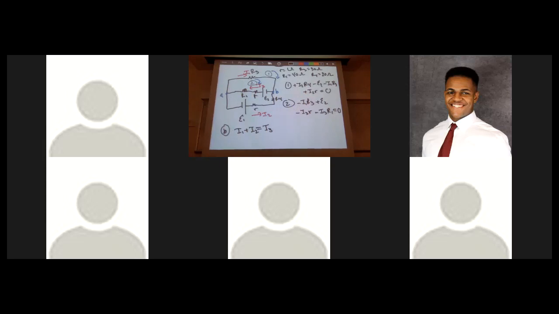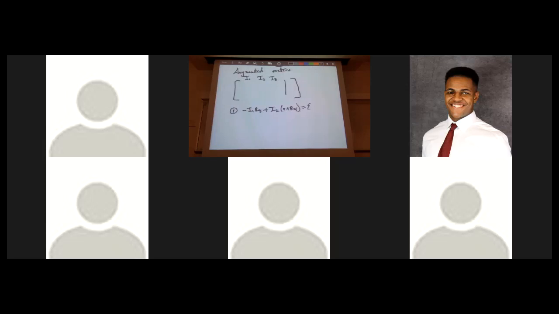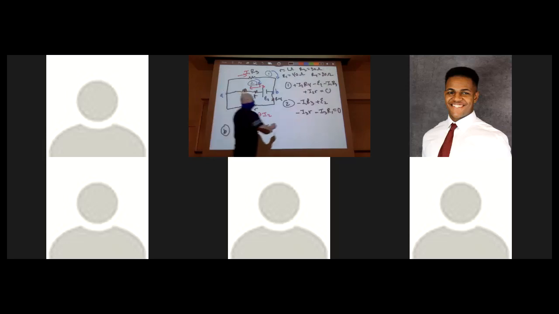So what that means is I'm going to rewrite number 1 as minus I1 R3 plus I2 times (R plus R4) is equal to E1. All I'm doing over here is moving the E1 to the right-hand side and factoring out the I2 from these two.